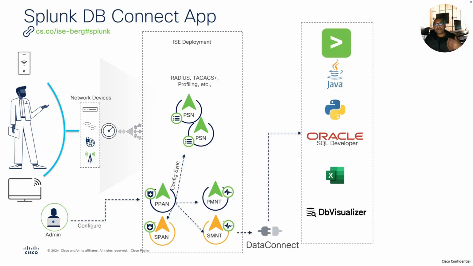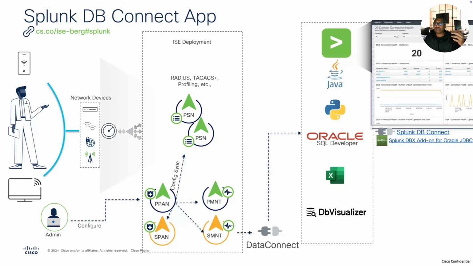Over the Data Connect, you can connect any of your tools like Splunk, Java, Python, Oracle, Excel, DB Visualizer, anything, so that you can query not only the operational data, you can also gather the configuration data. So with that, you are querying straight away by logging into the ISE, getting the information and showing it in the report.